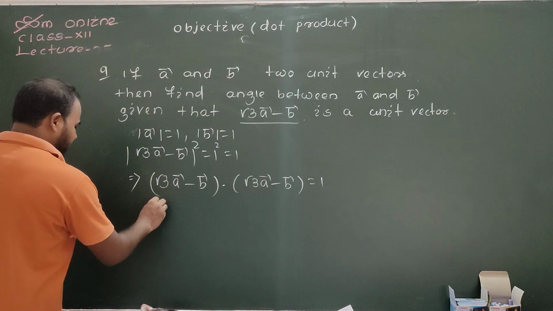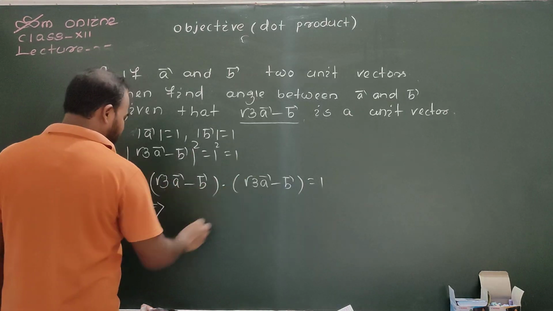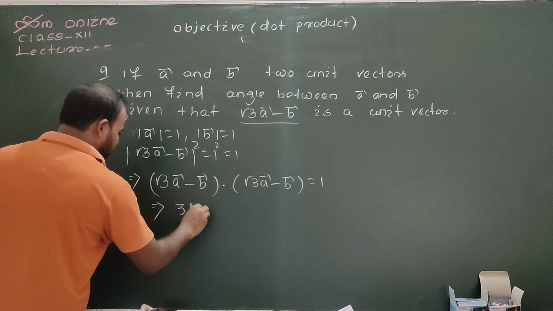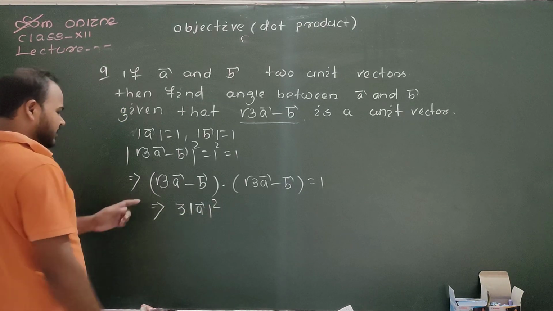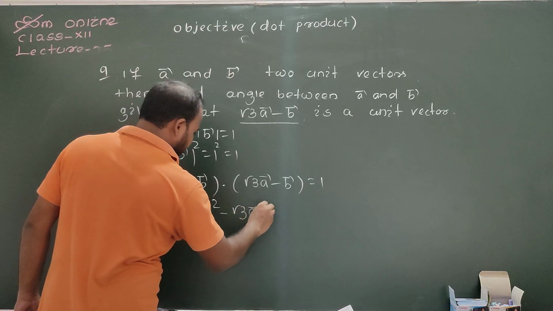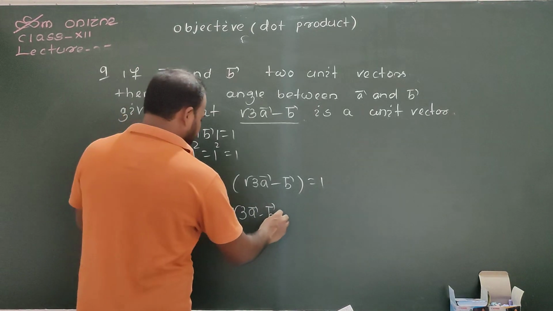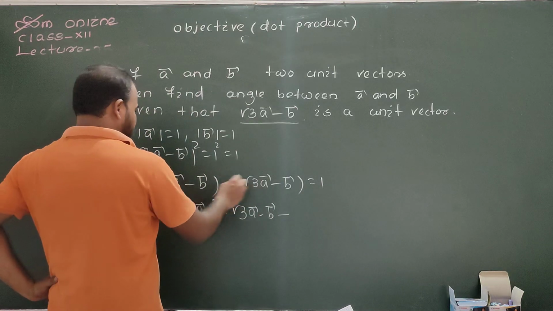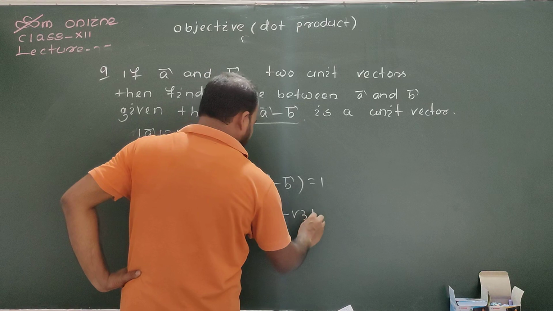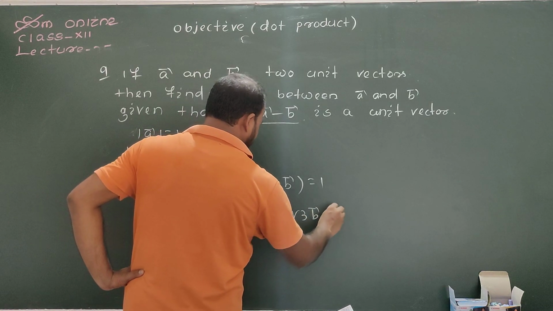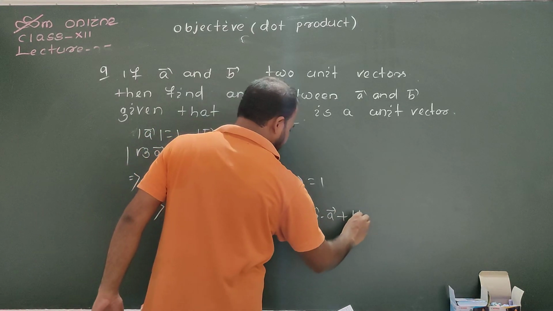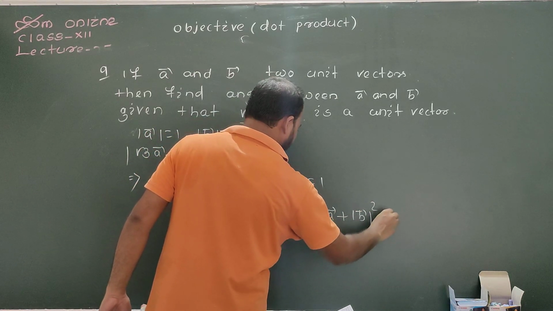Okay, this implies root 3 into root 3, that is 3, into magnitude of A square, minus root 3 into vector A dot vector B, minus root 3 into vector B dot vector A, and plus magnitude of vector B square equal to 1.